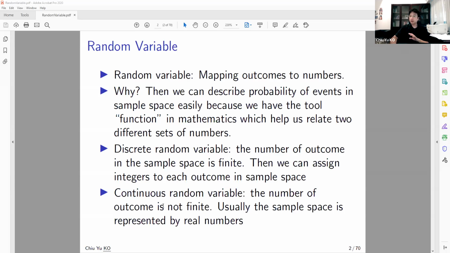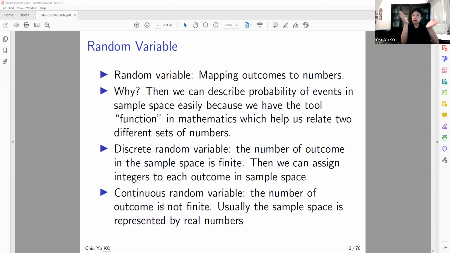Probably in the next class we'll cover continuous random variables, where the sample space is not finite, but uncountable. Usually it's a real number.